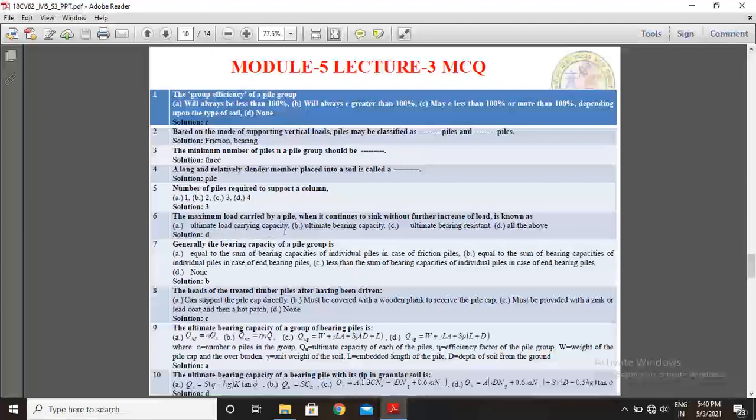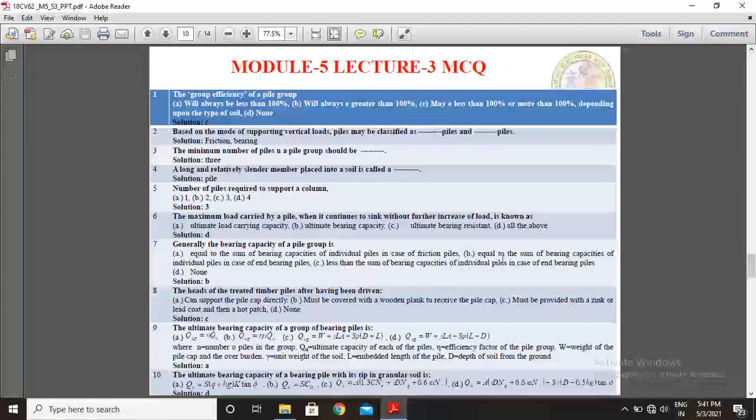The maximum load carried by a pile when it continues to sink without further increase of load is known as ultimate load carrying capacity, or ultimate bearing capacity, or ultimate bearing resistance, or all the above. Option is all the above. Generally the bearing capacity of a pile group is: option one, equal to the sum of bearing capacity of individual piles in case of friction piles.